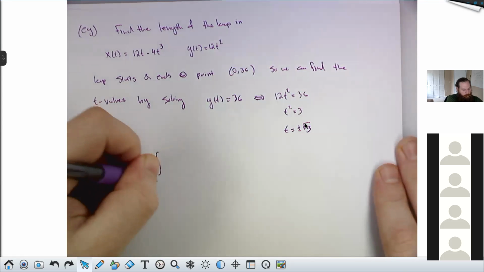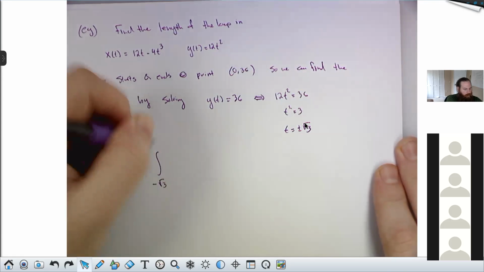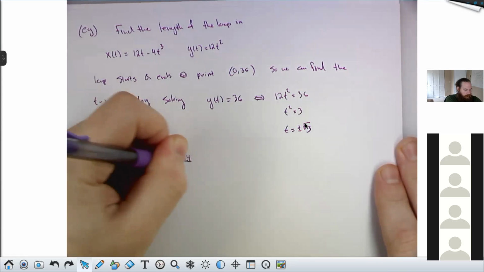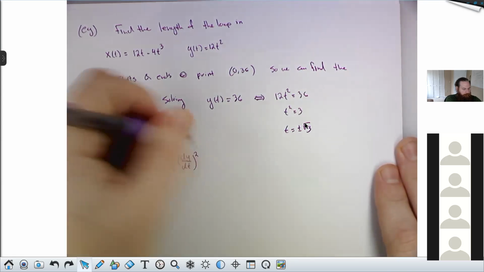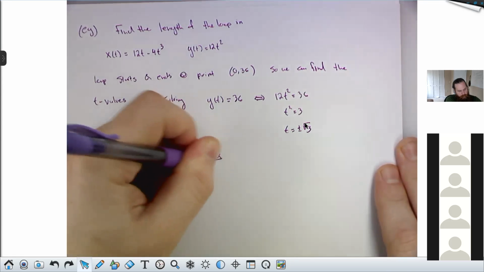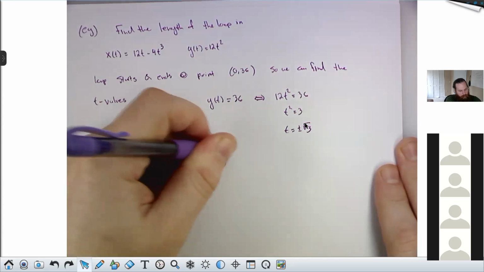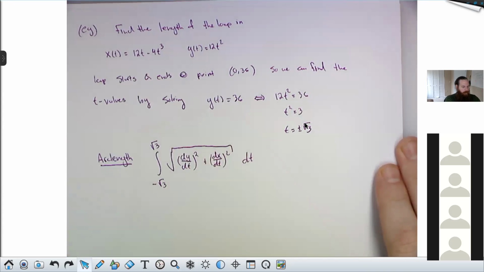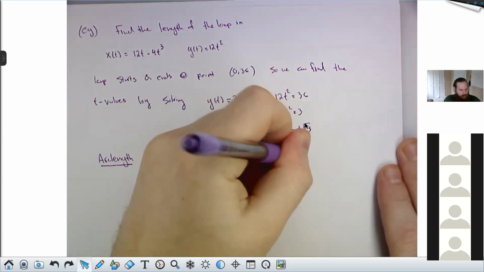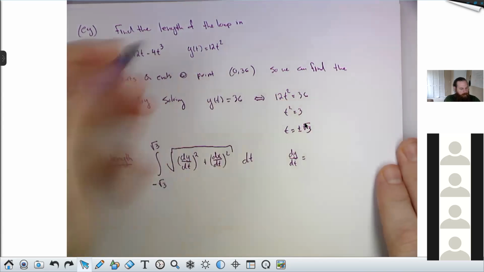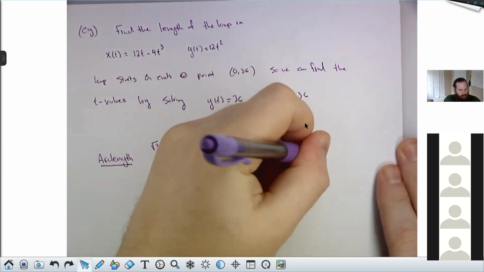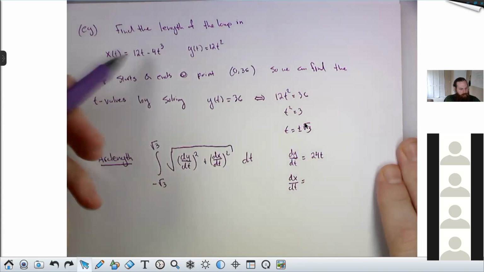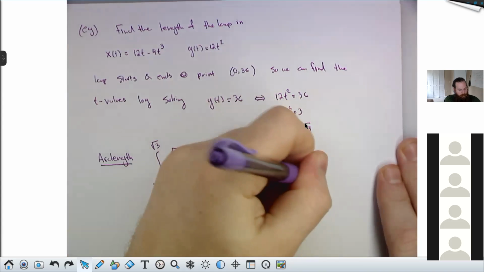And then you'll solve this equation to find the t values. So our arc length is going to be the integral from -√3 to +√3 of the square root of (dy/dt) squared plus (dx/dt) squared, and that integral is, of course, done dt. So dy/dt and dx/dt. dy/dt is 24t. dx/dt is 12 minus 12t squared.